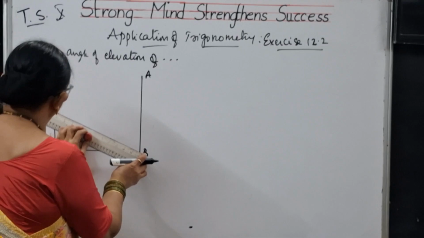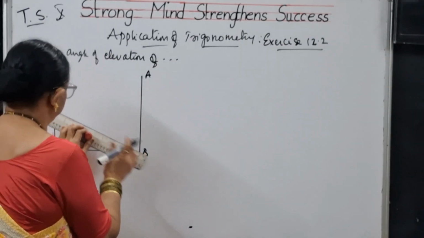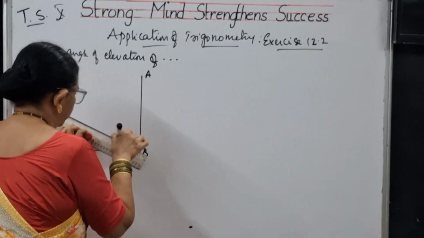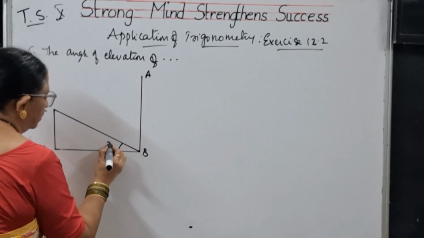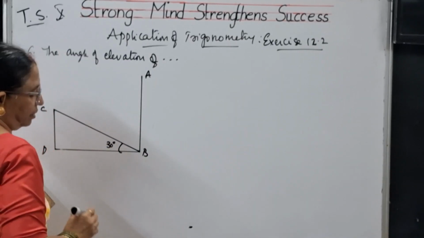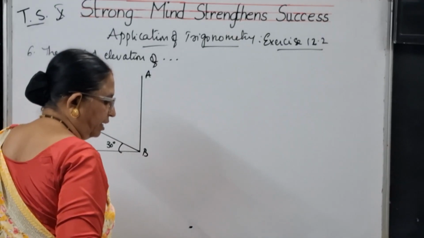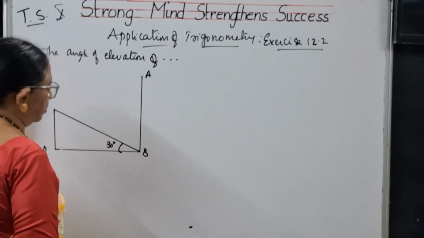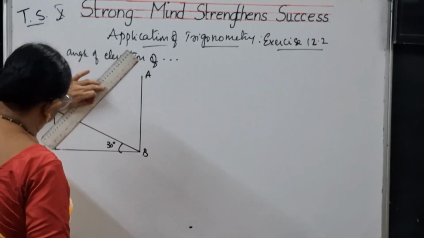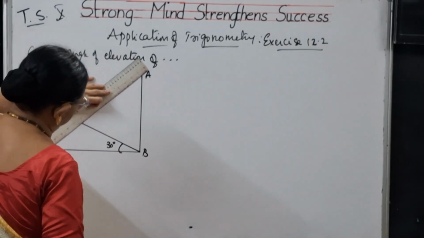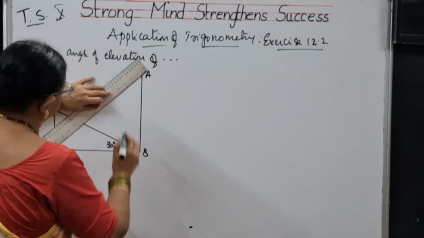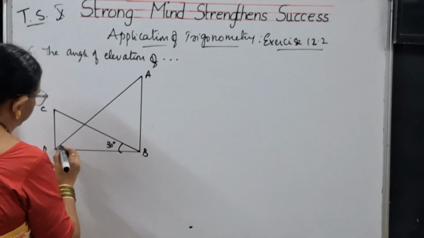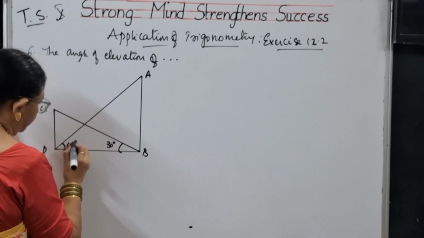Foot of the tower is B, top of the building is C. So when you join, the angle of elevation is 30 degrees. And the next one is the angle of elevation of the top of the tower from the foot of the building. Foot of the building is D, top of the tower is A. So here, the angle of elevation is 60 degrees.